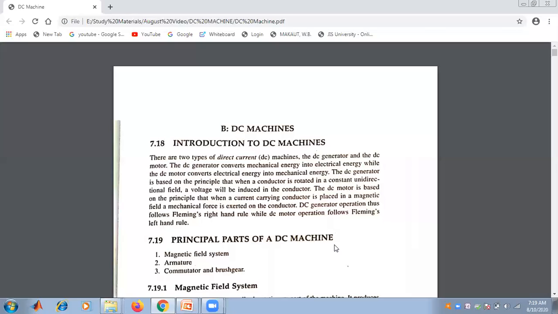On the other hand, the DC motor is based on the principle that when a current carrying conductor is placed in a magnetic field, a mechanical force is exerted on the conductor. DC generator operation thus follows Fleming's right hand rule, while the DC motor operation follows Fleming's left hand rule.